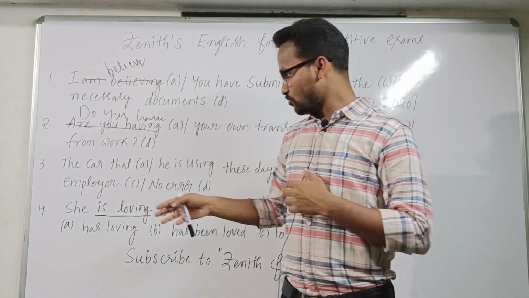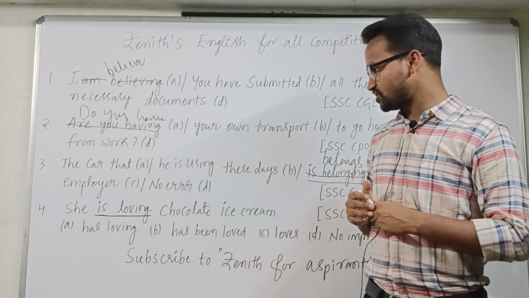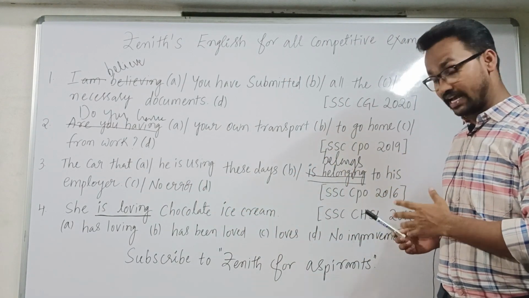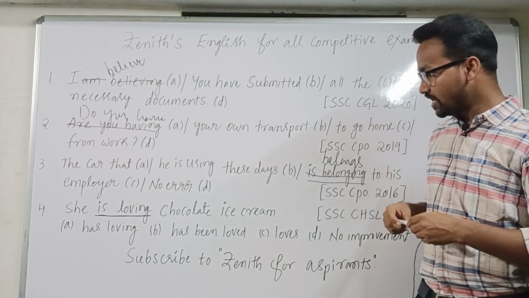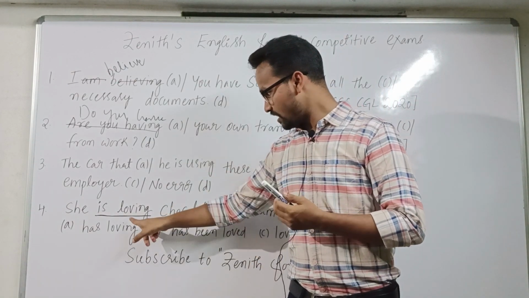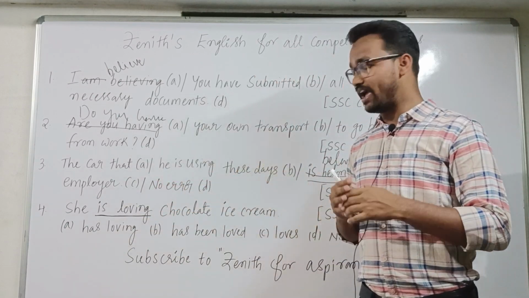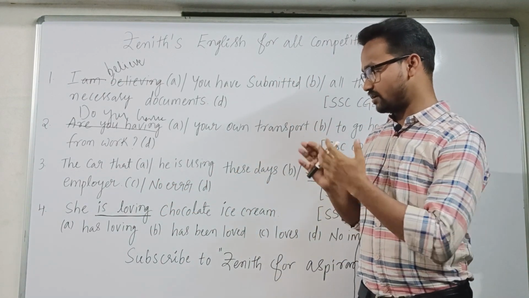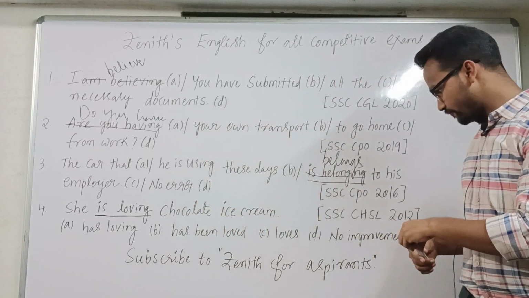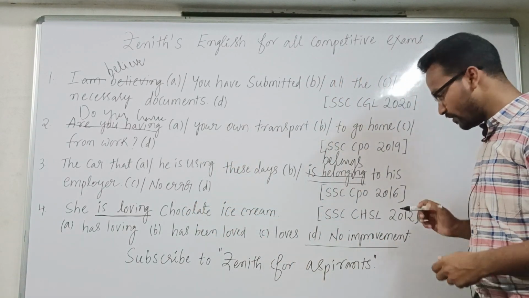And next, move on to the fourth question. The fourth question is, she is loving chocolate ice cream. It was asked in SSC CHSL 2012, and the error may lie in the underlined part. We have to identify whether the underlined part is correct or not. If it is correct, we have to choose the fourth option, no improvement.